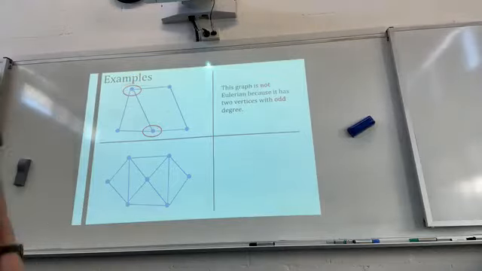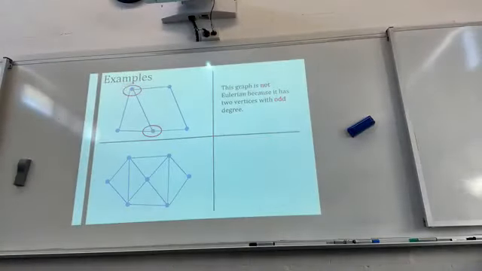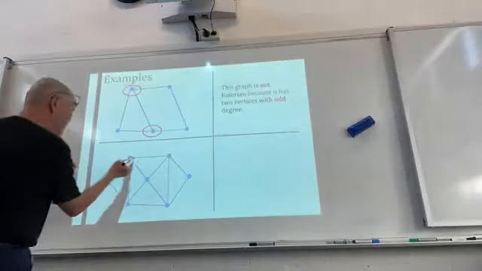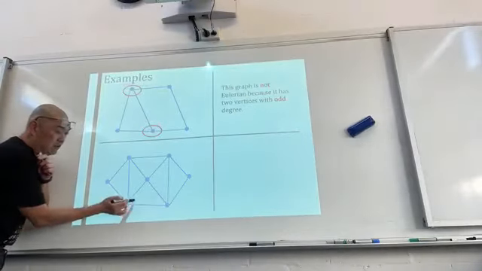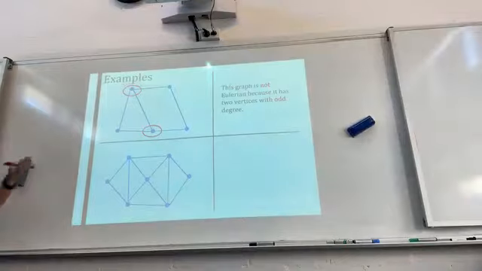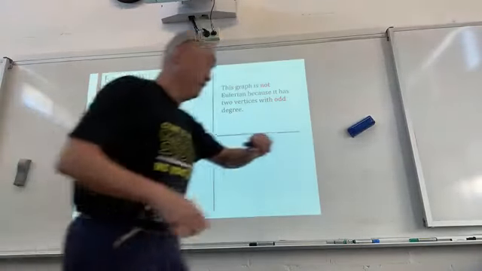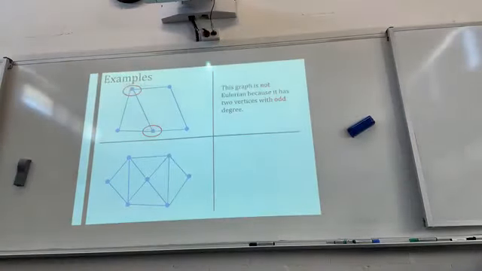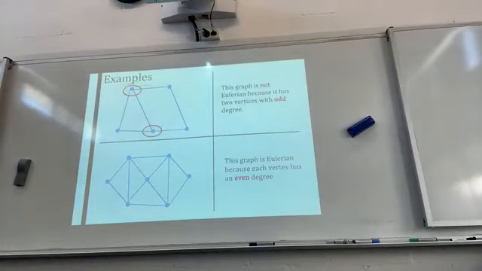That's none. You can see that every single one is even: this is 4, this is 2, this is 4, this is 4, this is 4, this is 2, this is 4. So every one is actually even. So with even degrees, it is Eulerian because every vertex has an even degree.